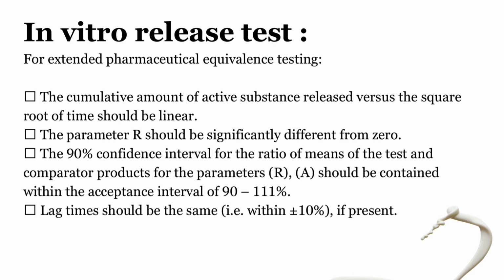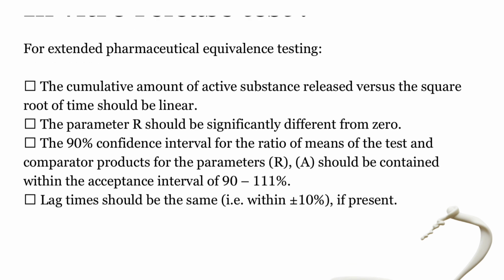The 90% confidence interval for the ratio of means of the test and comparator product for the parameters drug release rate and cumulative amount should be contained within the acceptance interval of 90 to 112%. Lag time should be the same, within 10%, if present.